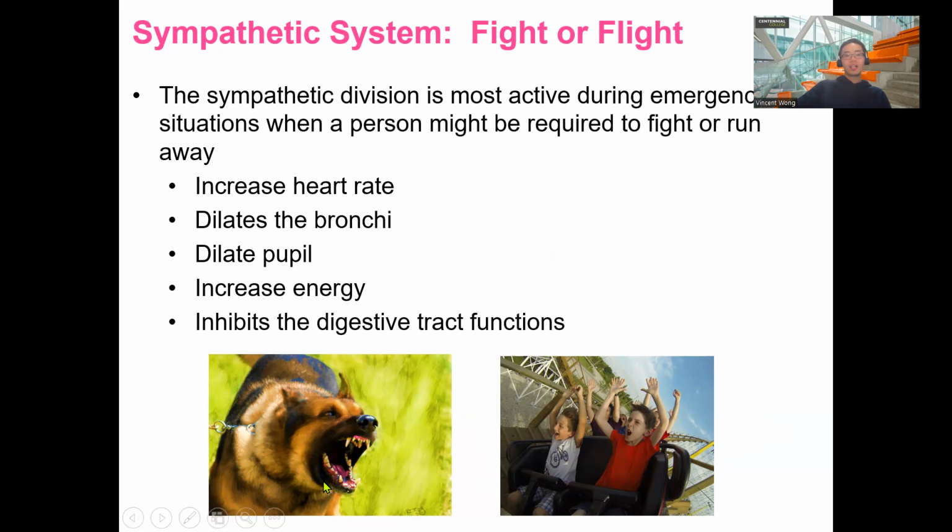So if an angry dog like that is barking at me, I am going to uncontrollably have my sympathetic system switched on. I will have increased heart rate, dilated bronchi, and dilated pupils so I can see better. We're going to have increased energy resources in case I need to run away from the dog. And at that moment it is not the right time to think about digesting your food, so the sympathetic system is going to inhibit the digestive tract.